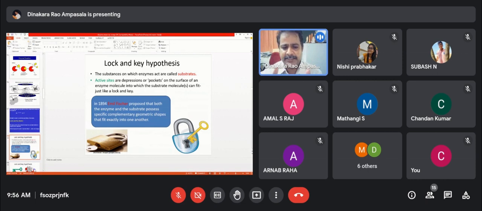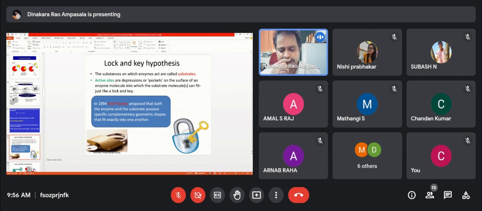Okay, so that is called the lock and key model. So if you have 1,000 locks, only the key which fits into that keyhole will open that lock. If you have 1,000 keys, it will not work. Only one key will open the lock.